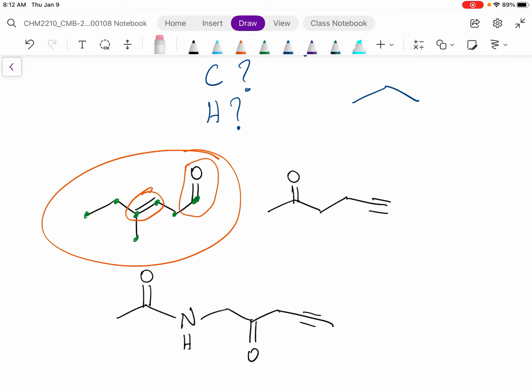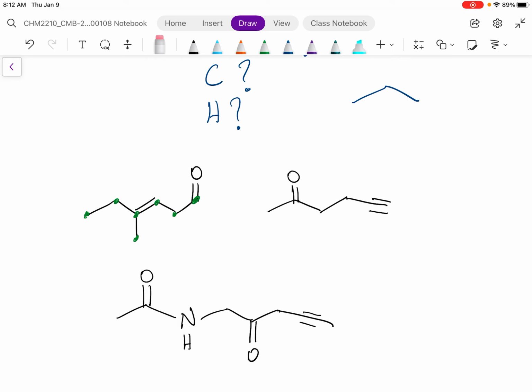Okay? So if there's 7 carbons, how many hydrogens are there? 12? 13? Okay, so I'm going to violate my own rule here just for speed's sake, okay? I'm going to draw hydrogens with just blue lines, okay? Just to go quick.